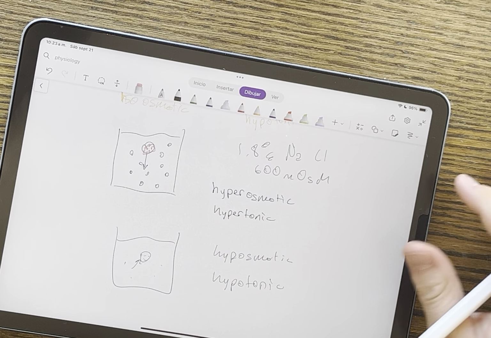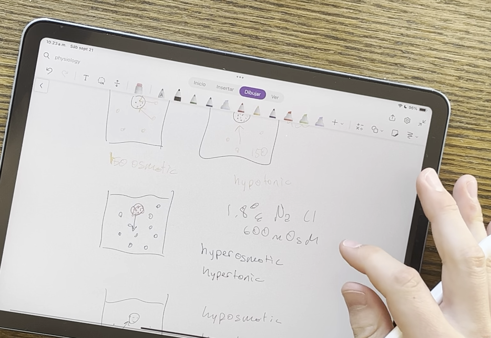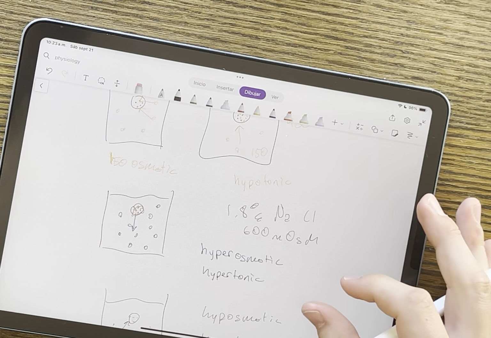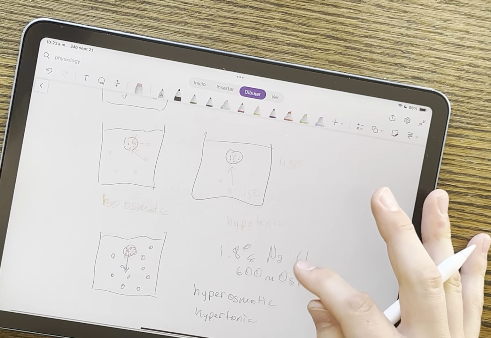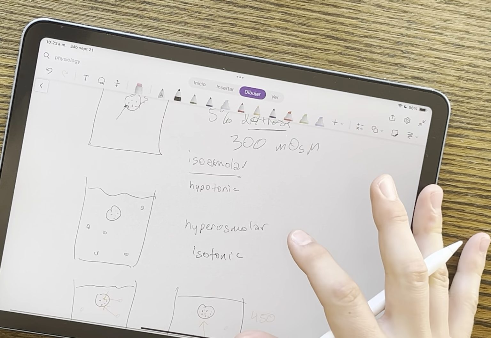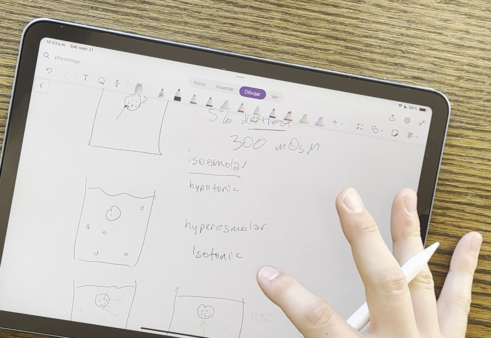That should explain pretty well how tonicity and osmolarity are related but different, right? We can have a hypertonic and a hyperosmotic solution, but we can also have a hyperosmotic and isotonic solution.